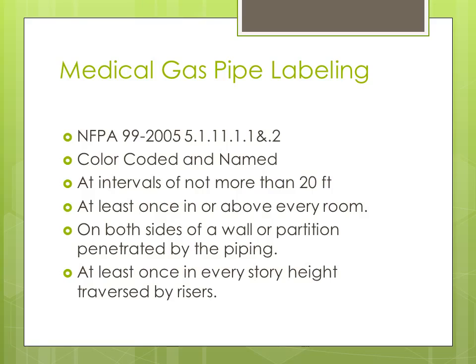I think that's probably why they don't do it: you'd have to pull ceiling tile and look beyond all the ductwork and everything else, and that would take quite a bit of time. It all comes down to what they're focusing on, and right now this does not seem to be a priority, probably because we don't have a lot of issues with medical gas, so why make it a priority?